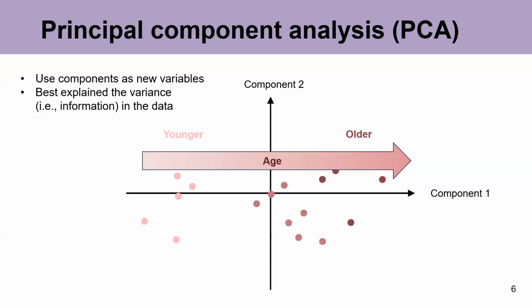I usually don't. If I were using social cognition and fMRI, I'll just put the social cognition and the fMRI, and then I will use age or demographics as extra information to help me interpret the components.